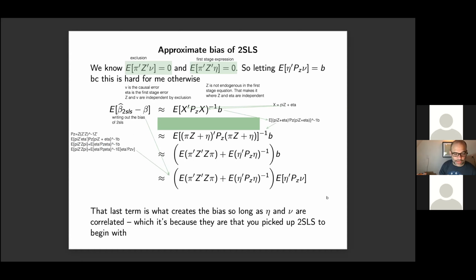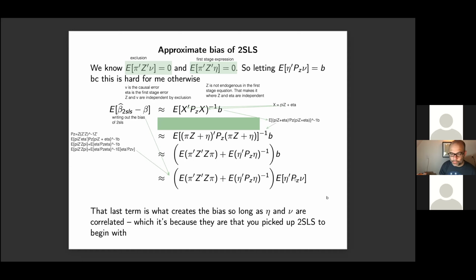Okay, so I've got all these expectations here. Let's see. If this right here could just be equal to 0, then there'd be no bias, because it would delete all of this.